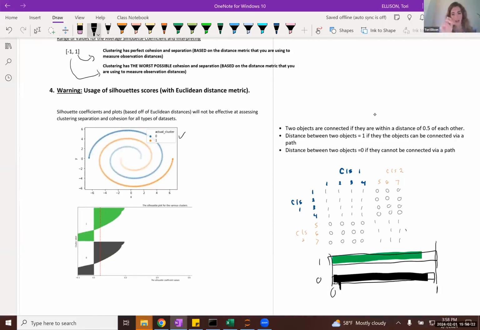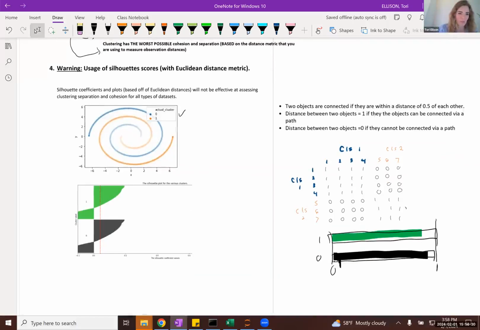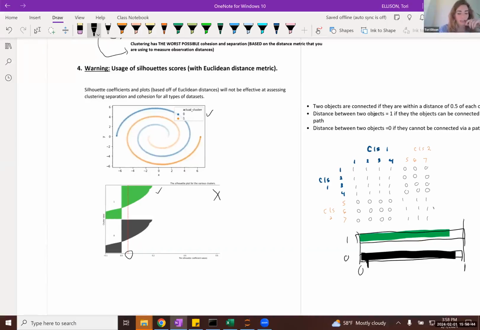It identified the 2 clusters that we can see with our eyes, that we actually wanted to identify. But if you simply used the Euclidean distance to measure the distance between 2 points, the corresponding silhouette plots, as well as the corresponding average silhouette score of the clustering, would suggest otherwise. It would suggest that this is a very poor clustering of a given data set.